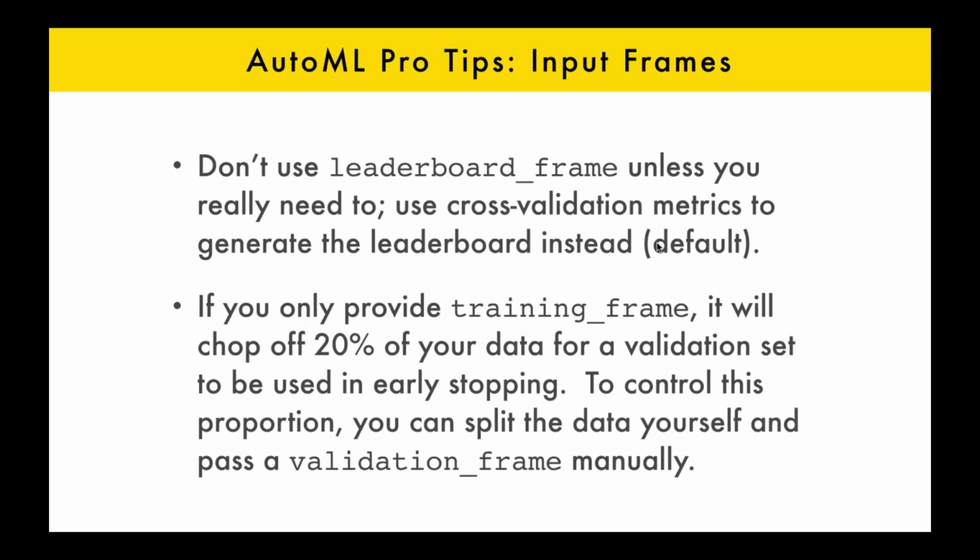If you'll notice in the interface for AutoML, there are some early stopping parameters, which I'll talk about later. We also use that for early stopping of the grid searches and the AutoML run itself. Maybe you don't want to use 20%, maybe you only want to use 10%. Then you can just make your own validation frame and pass that along, and we won't touch your training frame. Usually if I'm strapped for data, I use a 10% validation frame.